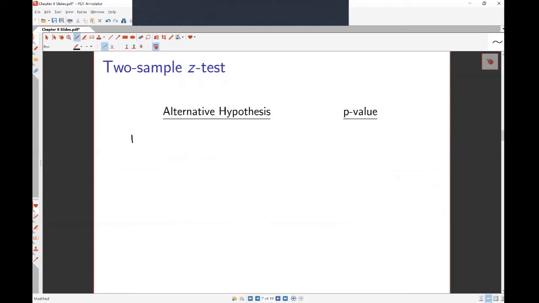For example, if your alternative hypothesis is that delta is not equal to delta naught, what that tells you is, if you're imagining a normal bell curve centered at 0, you'll have two tail areas that you want to compute. That defines your p-value. And so the formula for this would be 2 times the normal CDF at the negative of the absolute value of z observed.